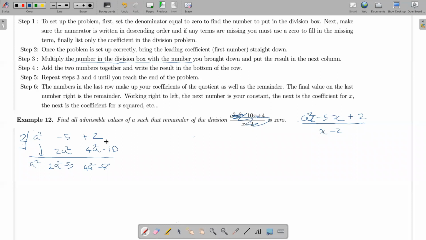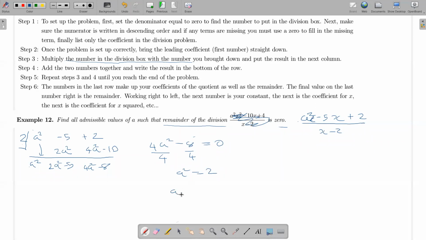Now to find a, I can use the given condition and make an equation. What is the given condition? Remainder of division is 0. So I have to find a to make this 0, no? I can divide by 4 on both sides: a squared equals 2, take to the other side 2.